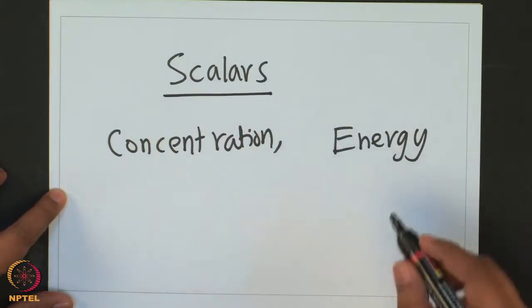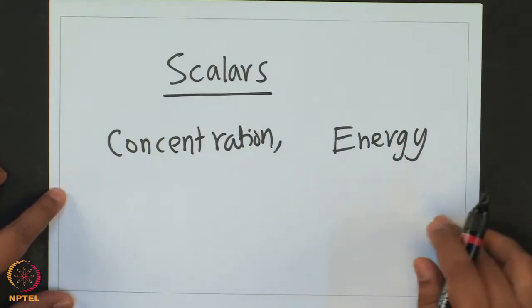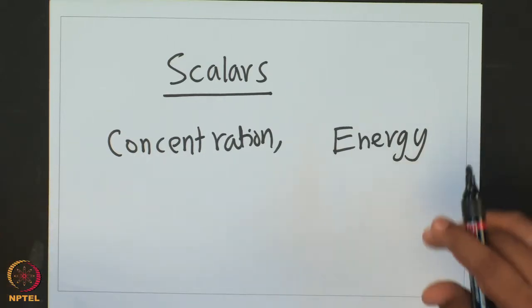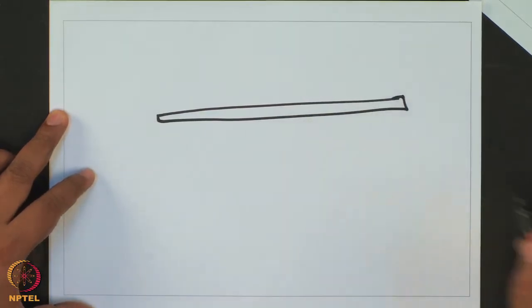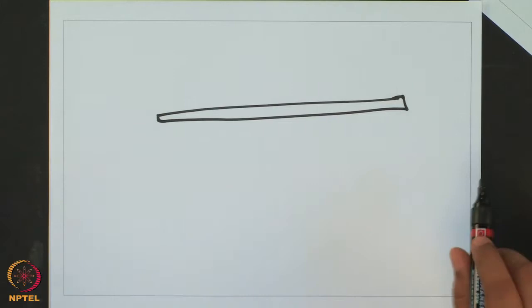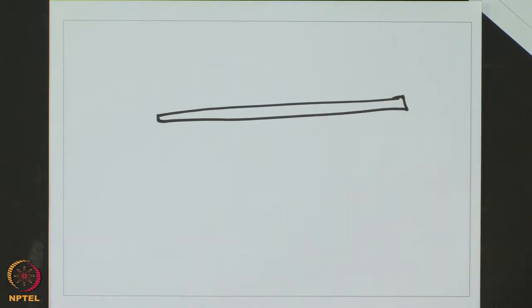if you think of concentration in a cell, what would come to one's mind? Let us take first a very thin one-dimensional cell, like a cell which looks like a very thin line like this. So essentially like one dimension.